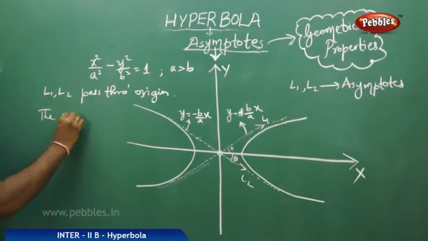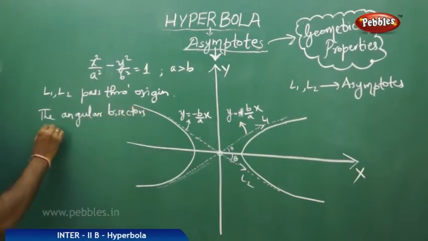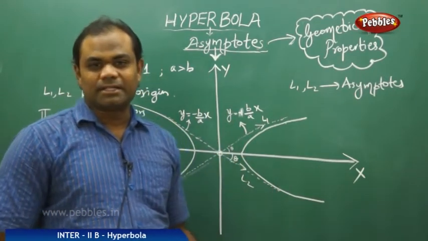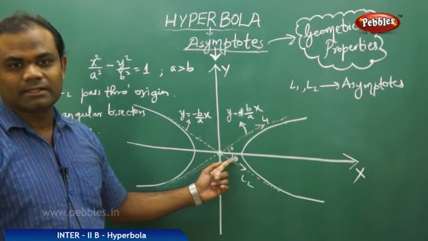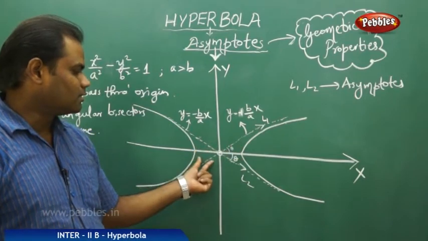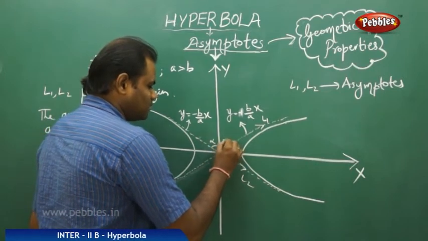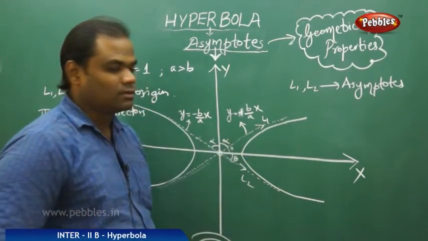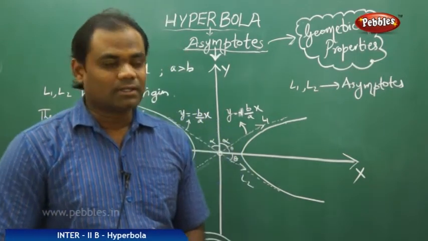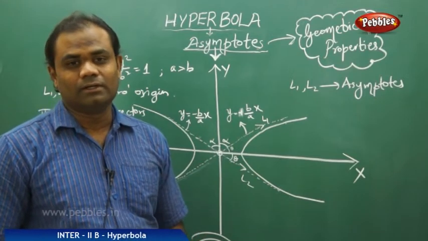The angular bisectors are the same, that is, the x and y axes bisect the asymptotes for the angle theta and theta here, and therefore we have this angle equal to this and this angle equal to this, or if I take this as alpha, then this would also be equal to alpha. This is how we conclude the two geometrical properties: one is passing through the origin and the other is making equal angles, or angular bisector.